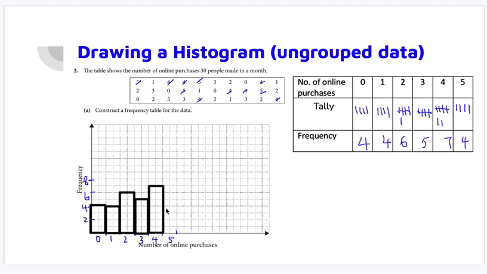And 4. Right? This completes our histogram for ungrouped data, making sure that the number of purchases is in the middle of the bar for ungrouped data.